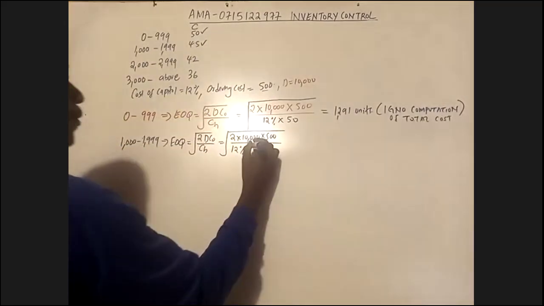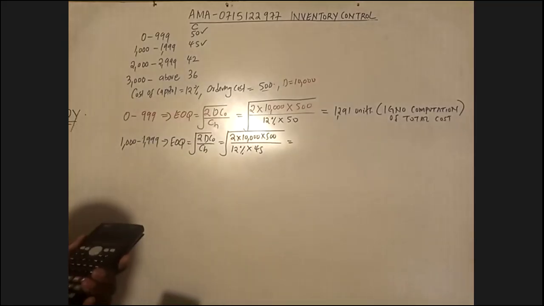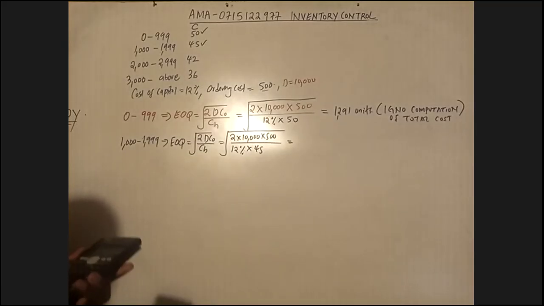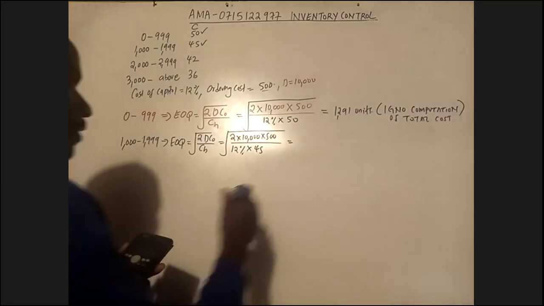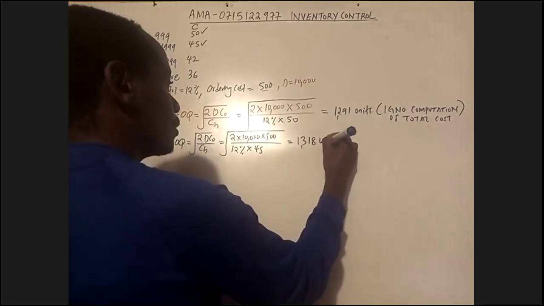So 2 times 10,000 times 500 divided by 0.12 times 45, then the square root gives 1318 units.